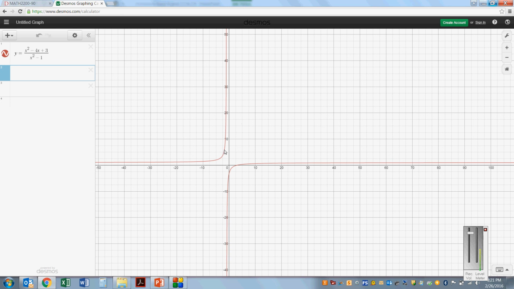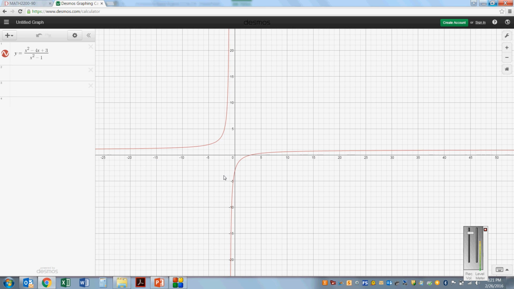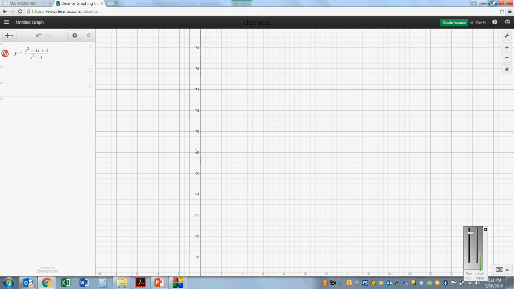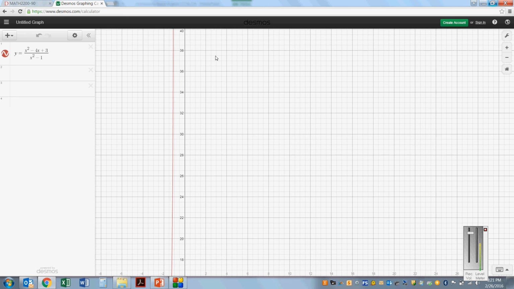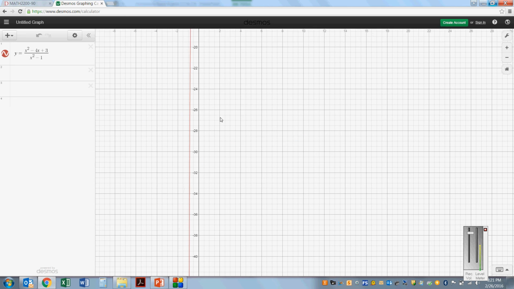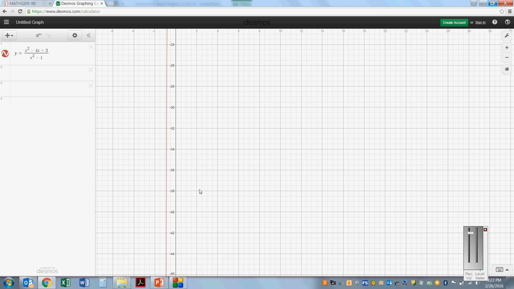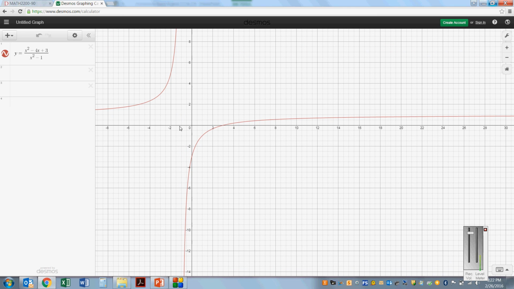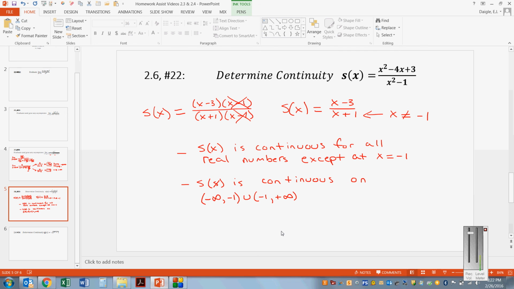But the discontinuity is actually at negative 1. It's not allowed to equal negative 1, either heading this way or heading this way. So that's kind of interesting. Again, negative 1 in this case would be right in the middle here. So that just goes on to prove what we showed analytically.